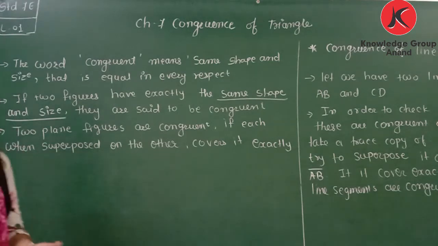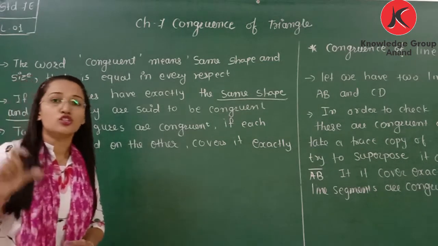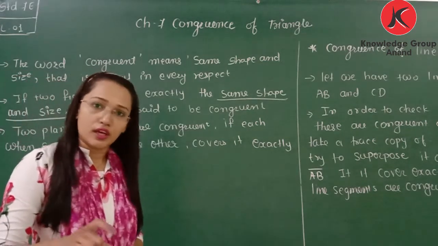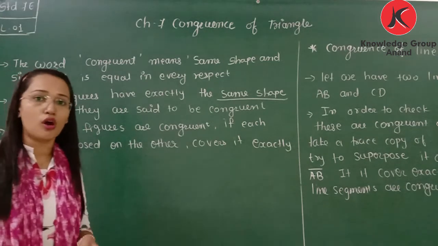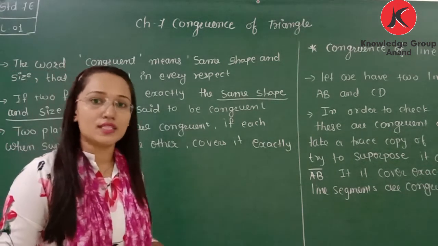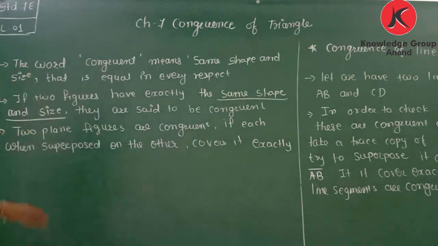If you take two boxes of chalk, then they are also called congruent. Chalk in every box is also congruent. Balls of the same size are called congruent because they are the same. Two plane figures are congruent if each, when superposed on the other, covers it exactly.